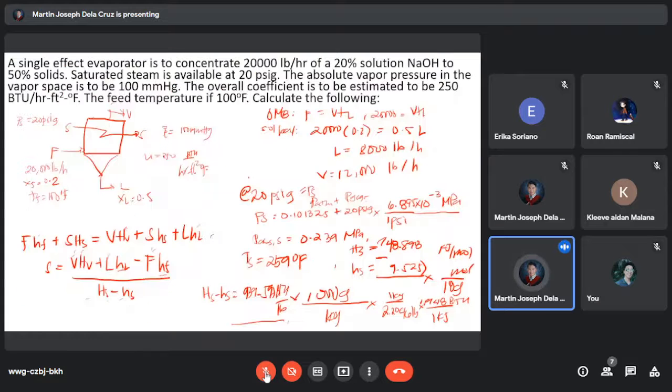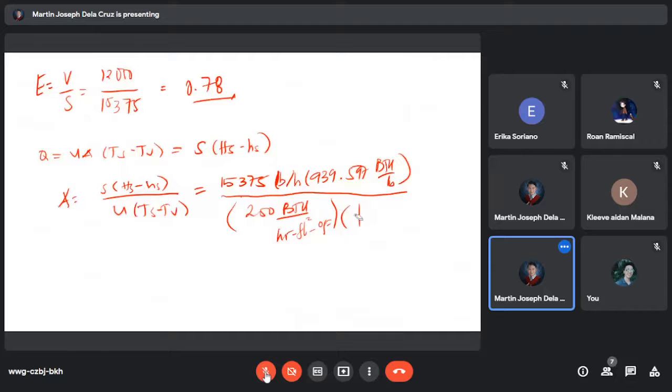What is our TS? 259 minus 197 degrees Fahrenheit. So degrees Fahrenheit, BTU, pound, pound, R. So feet squared ang natira.